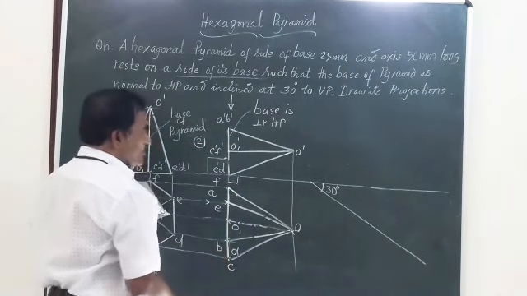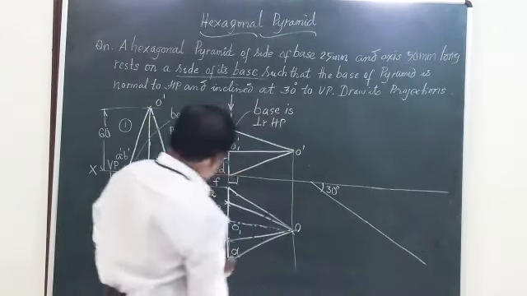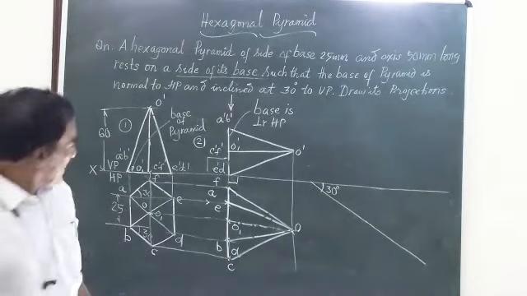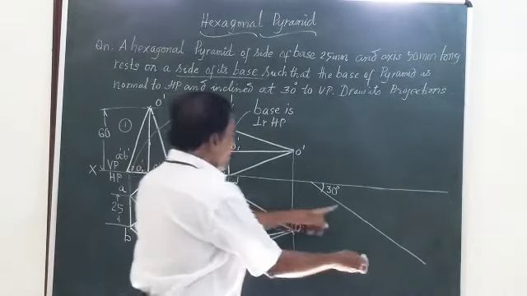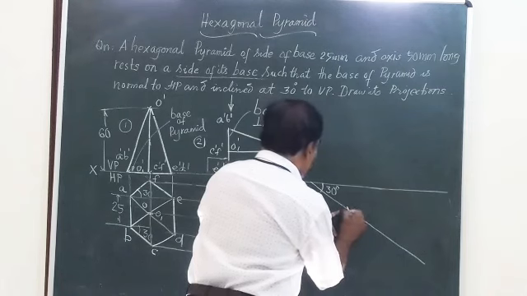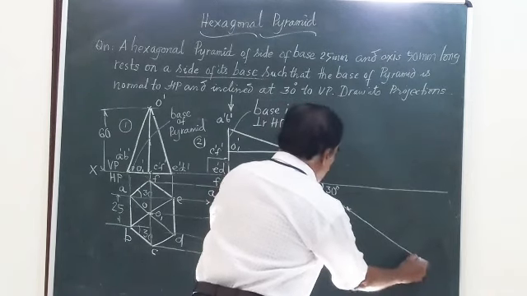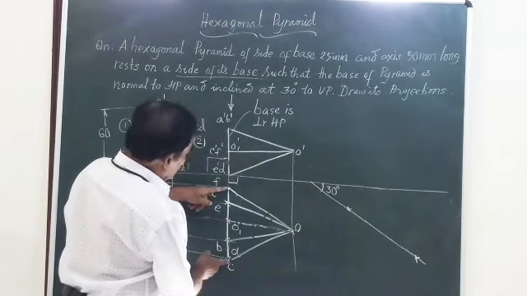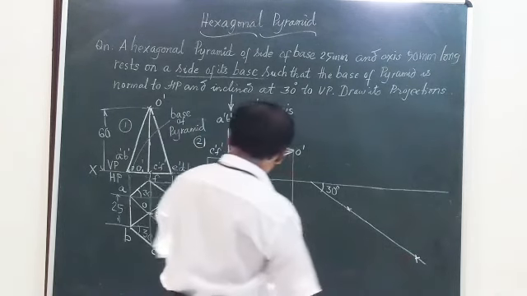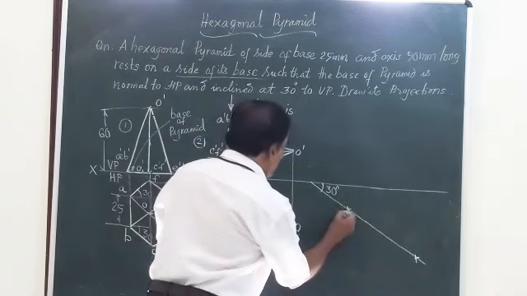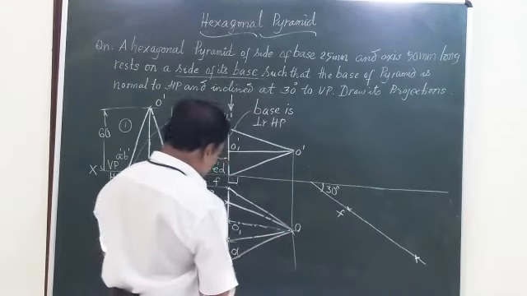Mark the base on this. So I will just take this length. The length of this is to be drawn here. So I will mark from here. This is the length. This is vertical. I am keeping this at an angle. The starting point is here. The end point is C.